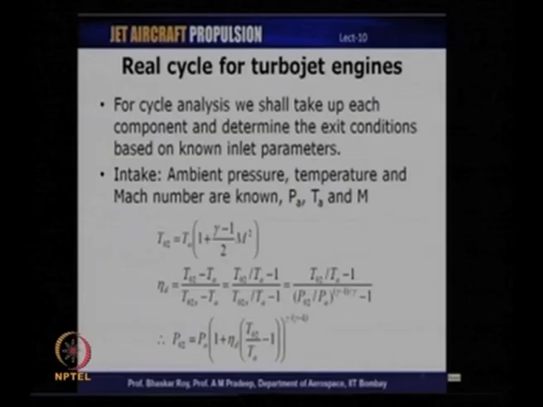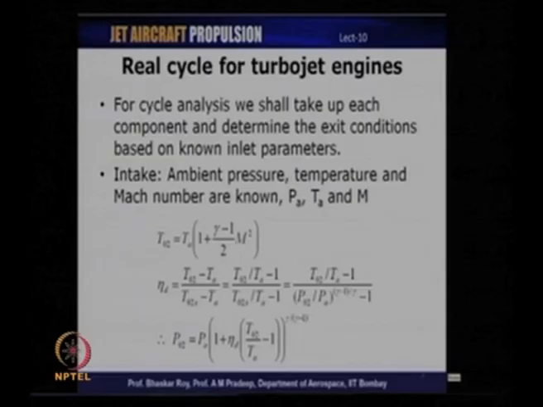Now, to calculate the stagnation pressure, we would need to know the diffuser efficiency. If the diffuser efficiency is known, we can easily calculate the diffuser exit stagnation pressure. So, how do we do that? The diffuser efficiency we already defined in the last lecture. It is based on the stagnation temperature differences for the actual process and the ideal process.